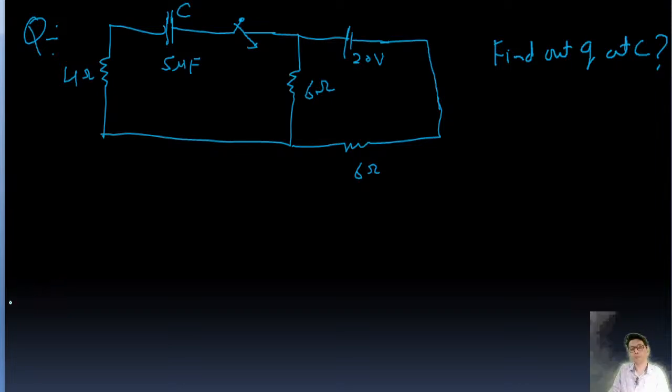We are going to solve it by Thevenin's theorem, which I have already explained in my previous lectures; you can check it. First we open the circuit from here, find V Thevenin and R Thevenin, make the equivalent circuit, add the capacitor, and find the charge. So first we open it, and the open circuit is going to be like this.